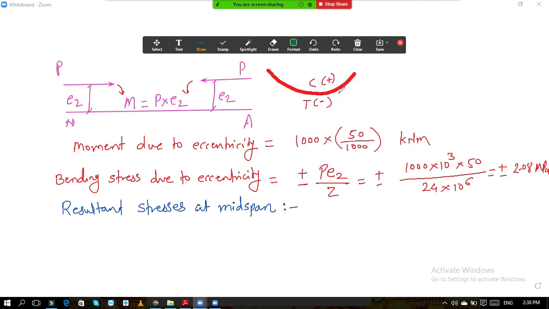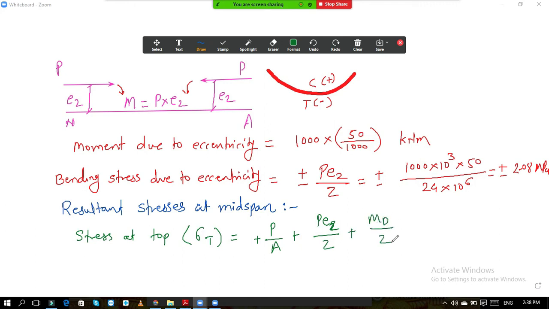So here, stress at top, sigma t is equal to P by A, which is always plus, plus P E2 by Z plus Md by Z plus Ml by Z.